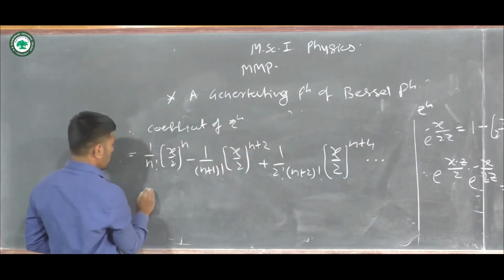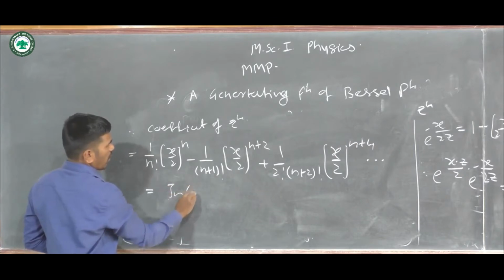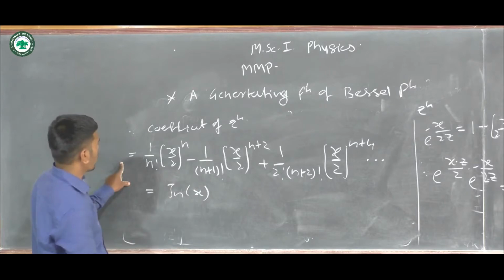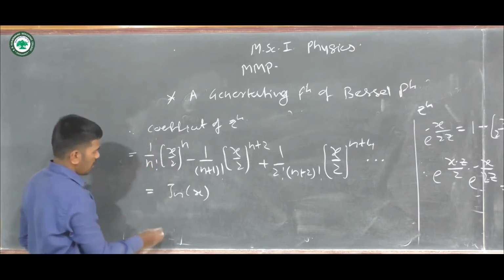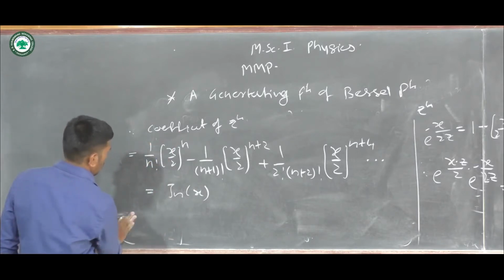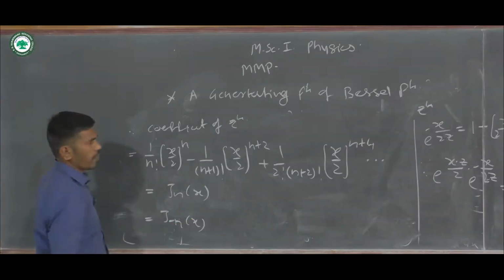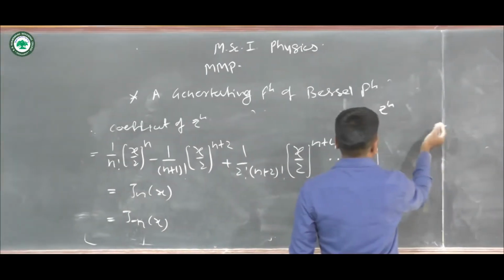So this is equal to Jn(x). Similarly, we can take the coefficient of z power minus n, which is J minus n(x).